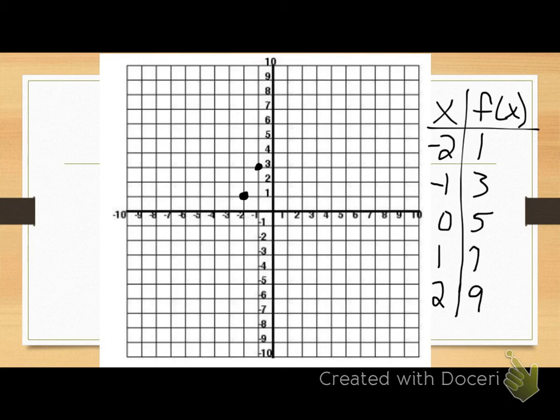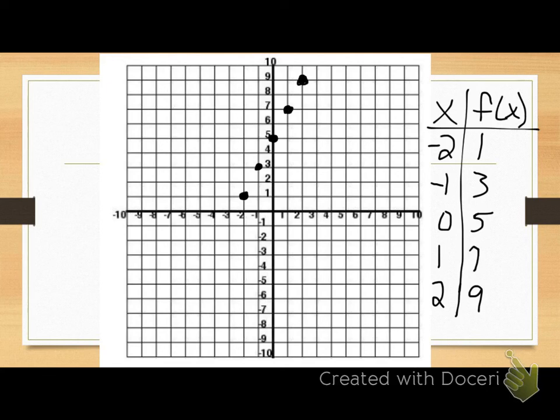0, comma 5. Which two directions and how many units? I'm not going left or right any, am I? I'm just going up 5. 1, comma 7. Right 1, up 7. Everyone good? And then 2, comma 9. Right 2, up 9.